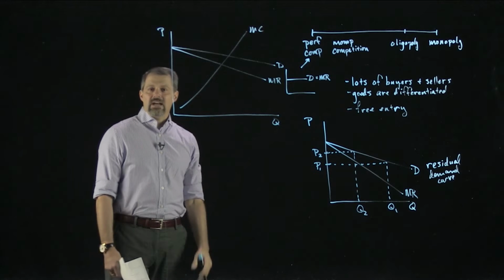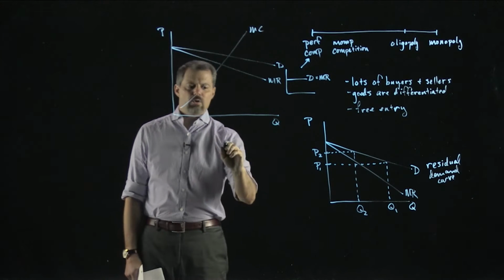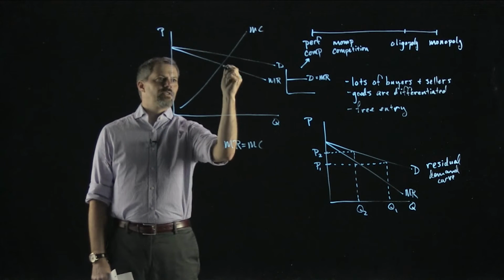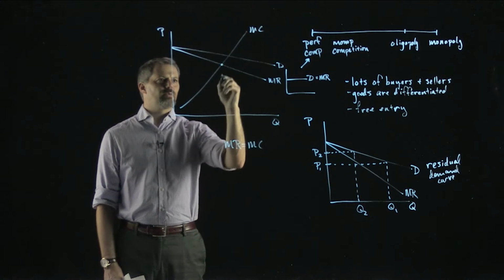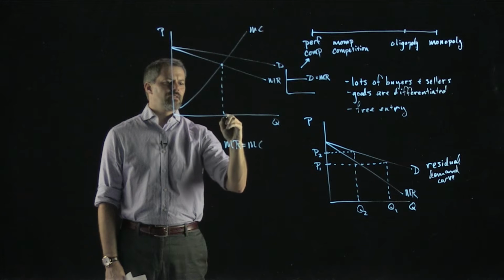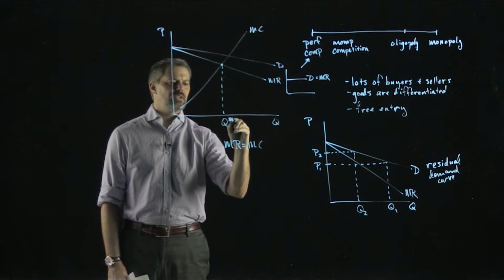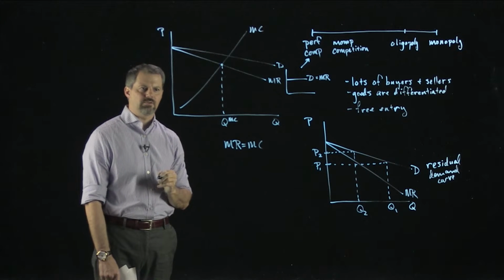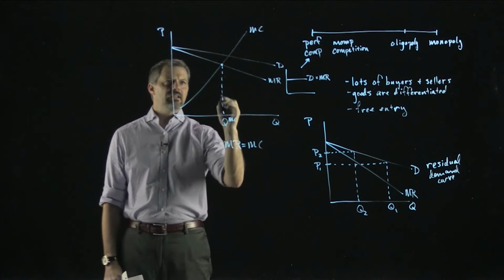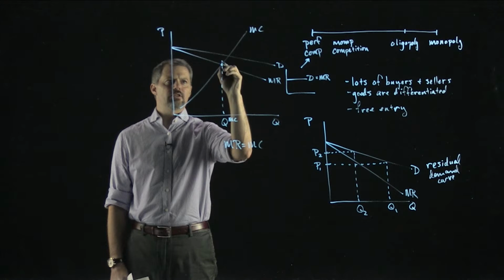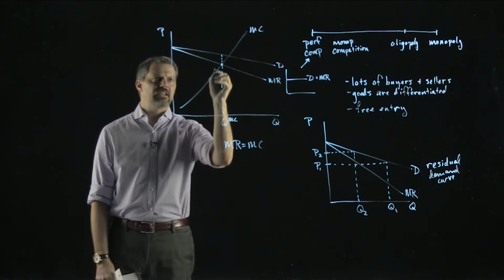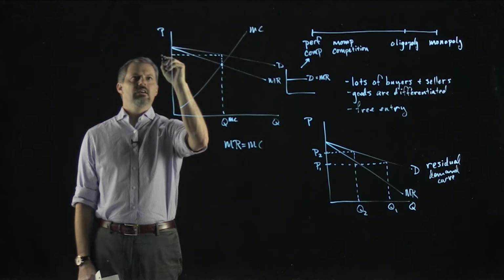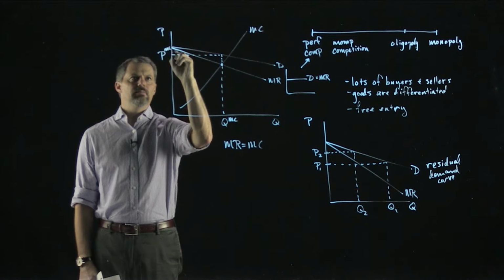The firm still maximizes profit by producing the quantity where marginal revenue equals marginal cost. So right there's where marginal revenue equals marginal cost. There's the quantity, I'll call it QMC for monopolistic competition. There's the quantity they will produce, and then they will get the price that they're going to charge from the residual demand curve that they face. We go up to their residual demand curve, and there's the price, PMC.